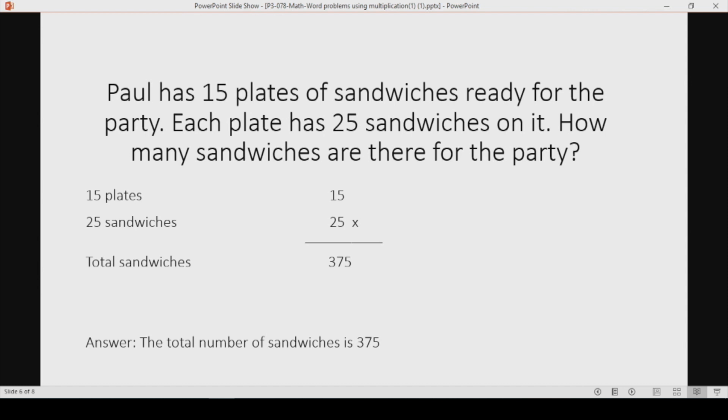So altogether, guys, the total number of sandwiches is 375. Excellent. You understand? Yes. And this is how we're doing multiplication word problems. Very good. Shall we do one more? Yes. Okay.